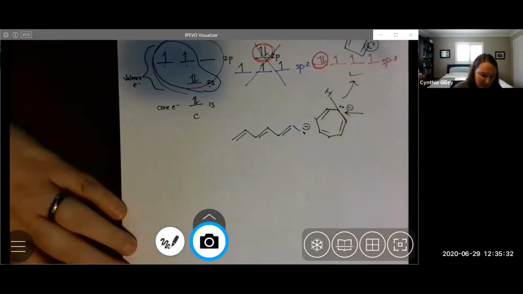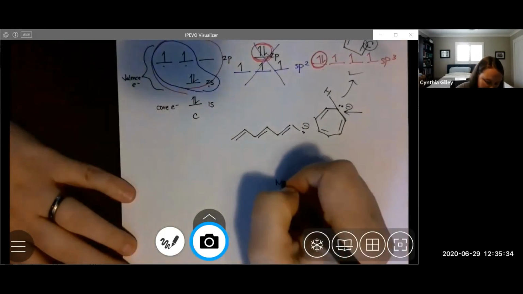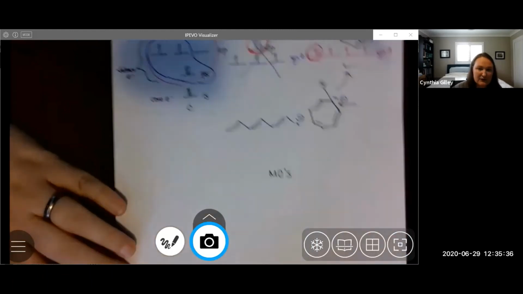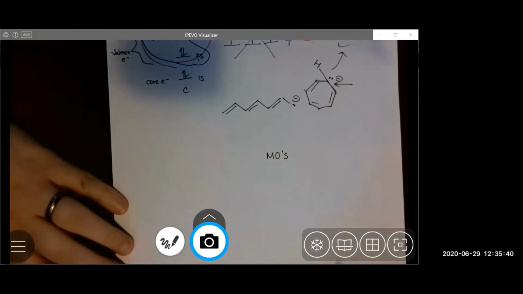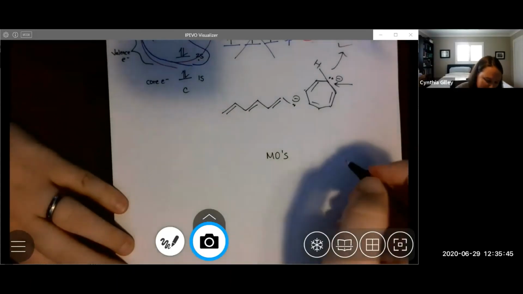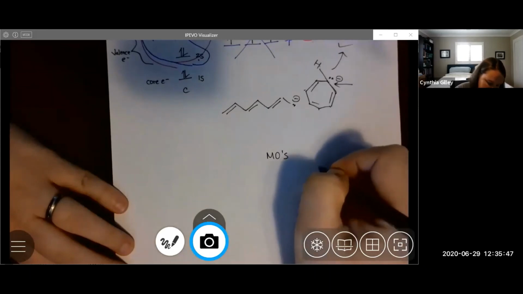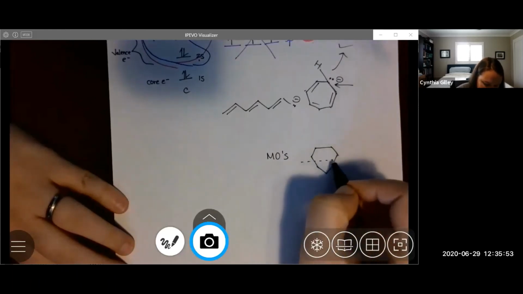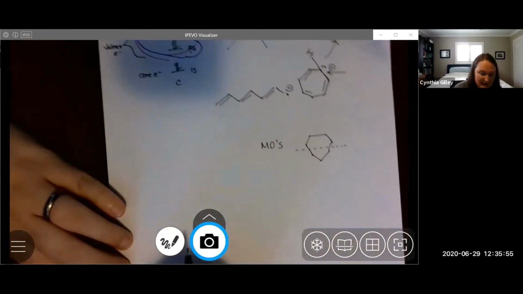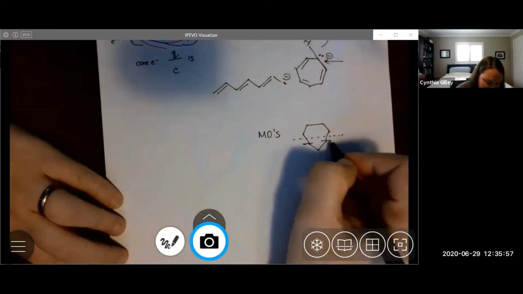Why is that? What do the molecular orbitals really look like? Did he go over Frost circles in the video? I haven't watched the video. I read the book, and it did go over Frost circles. Okay. So basically, with a Frost circle, you're drawing the 7-membered ring, and then you're putting a line through the center, and here's the energy of the bonding molecular orbital.